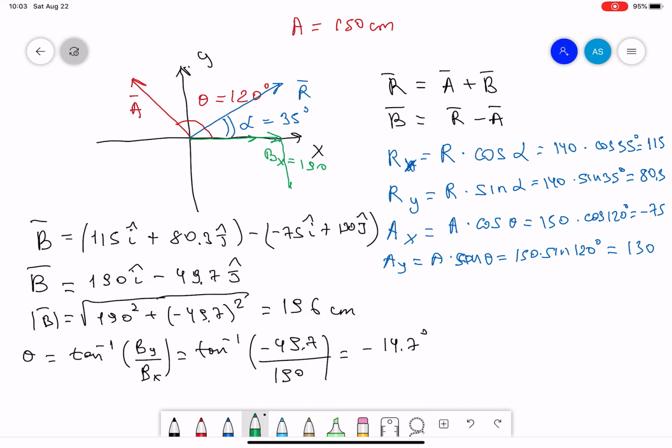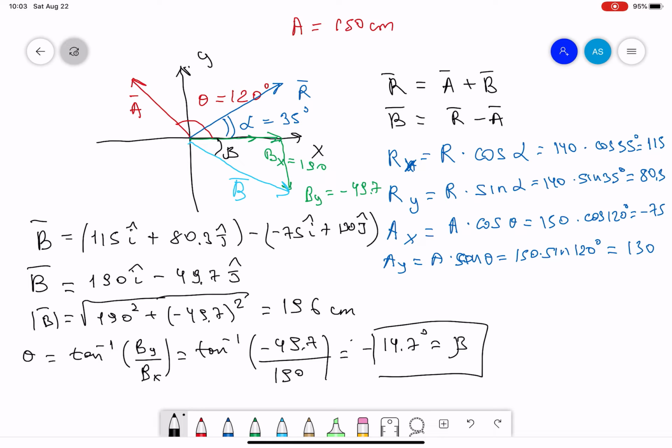It has to be drawn here. So our vector has to be from 0 up to here. This is our B vector. Now the angle is equal to 14.7. So this is our angle. Let's call it beta, so this beta will be equal to 14.7.